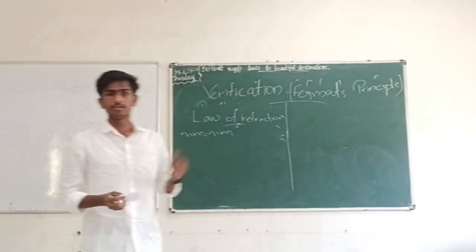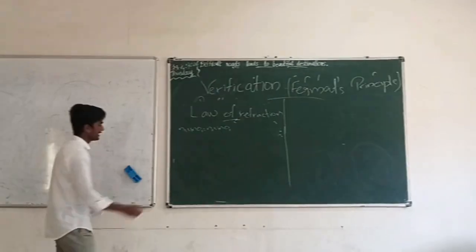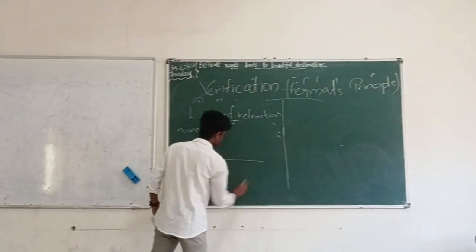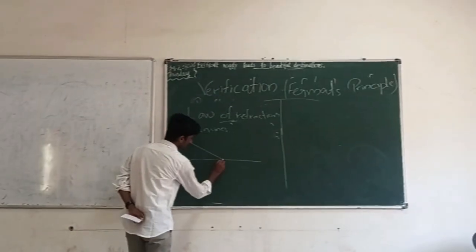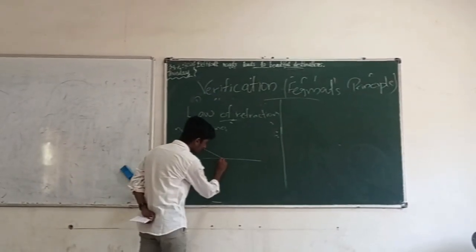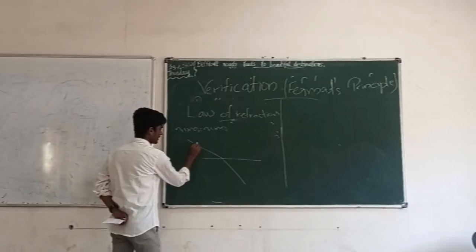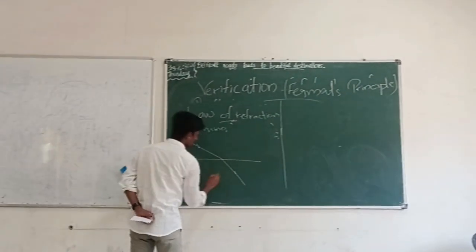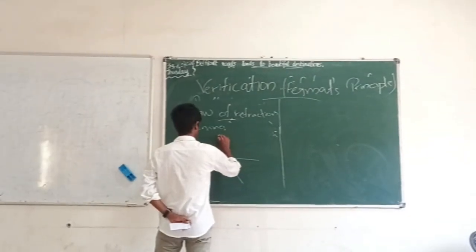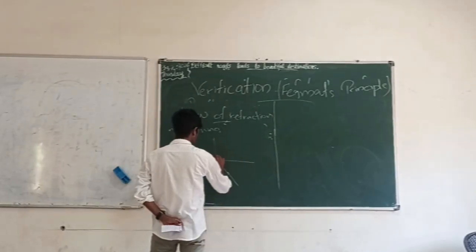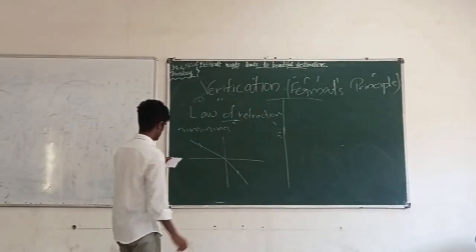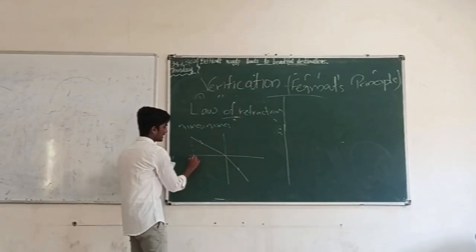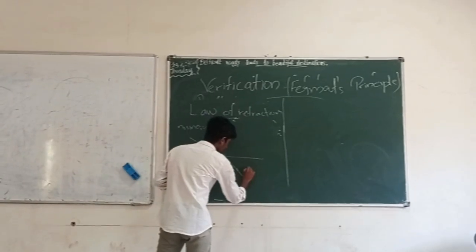Now we need to prove that one. So for that, let's consider the refraction. We have a refracting medium here, and the incident ray is coming. It's going to refract. Incident ray, refracted ray, normal. Same thing like we did in the verification of reflection.